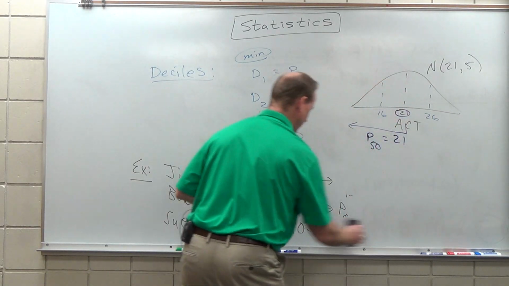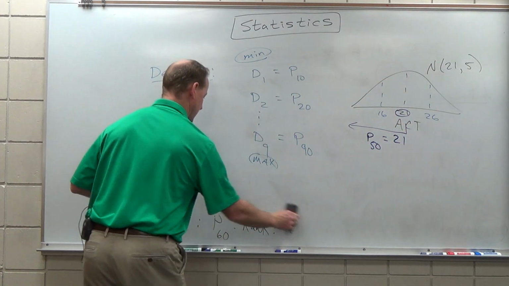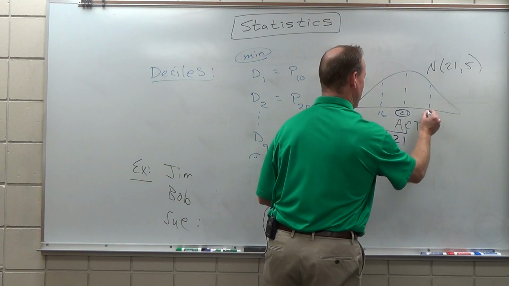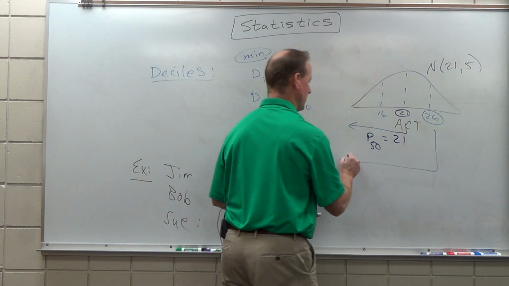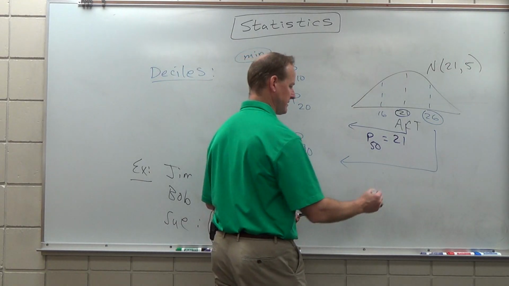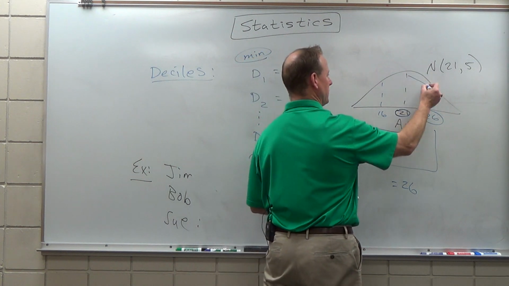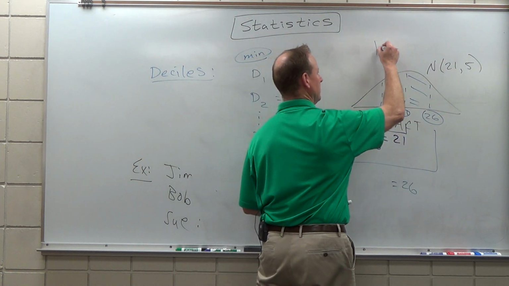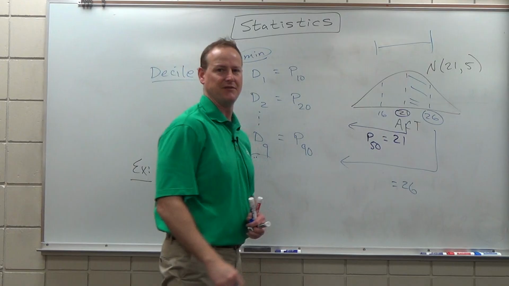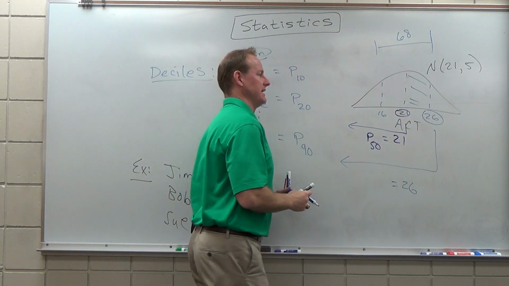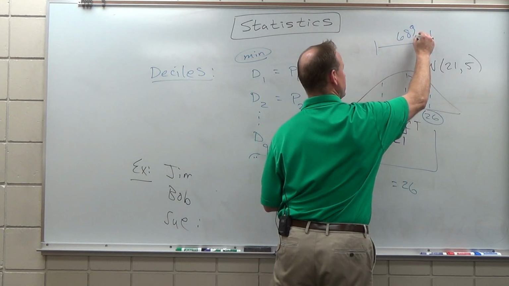We could have a few other things. If I said, what is the percentile for 26, what area lies to the left of 26? Well, we know there's 50% here, but then we can use the 68, 95, 99.7 rule. 68% of the data lies within one standard deviation of the mean.